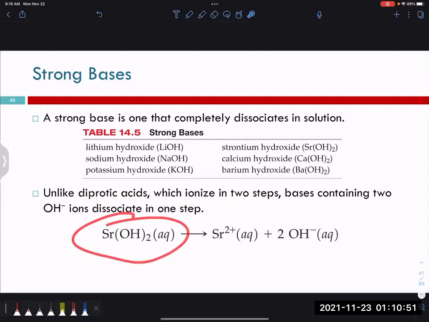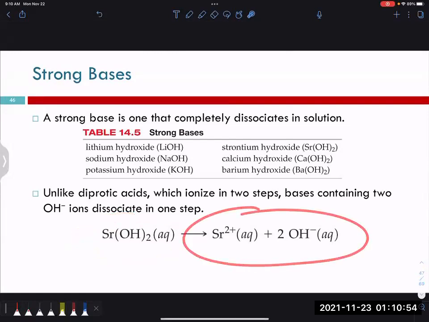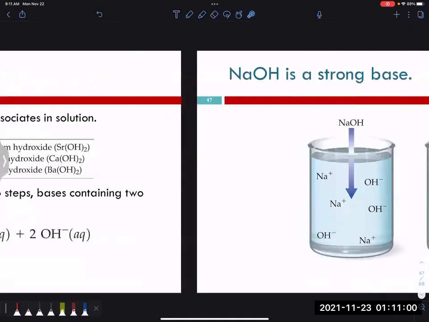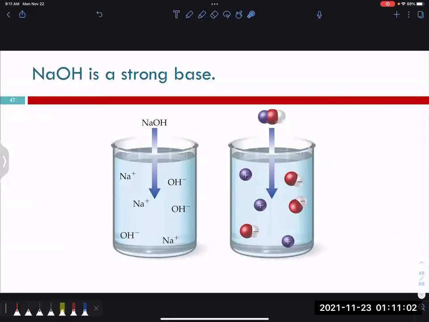So strontium hydroxide will completely ionize into strontium and hydroxide ions in one step. So if we add our sodium hydroxide, it completely dissociates. All those ions are separated.